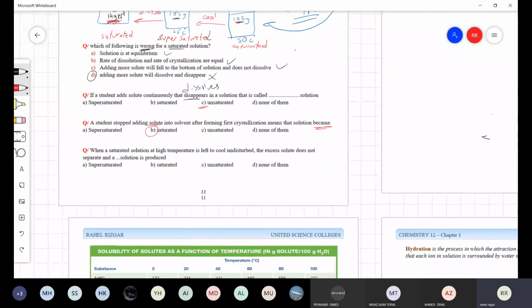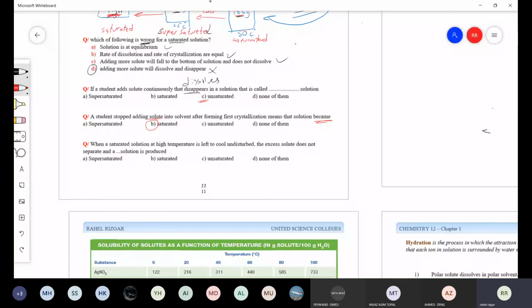But if a saturated solution contains a high amount of solute at high temperature, it's saturated. So if it's saturated at high temperature, and we leave it to cool, and the excess solute does not separate, so it's still dissolved.